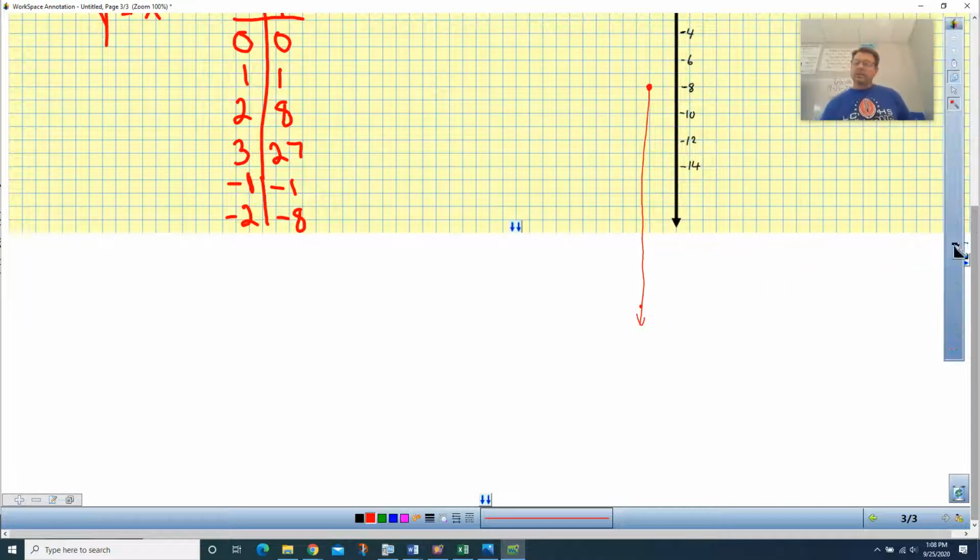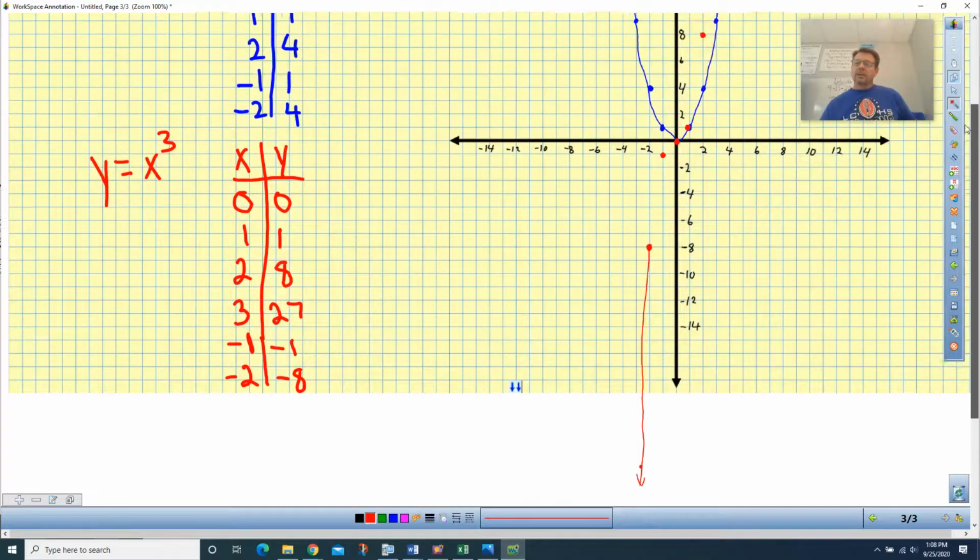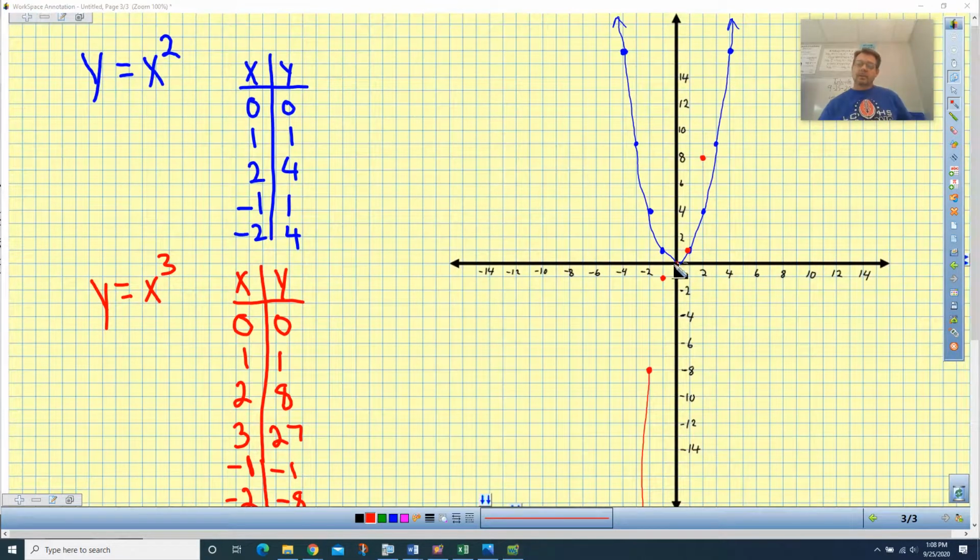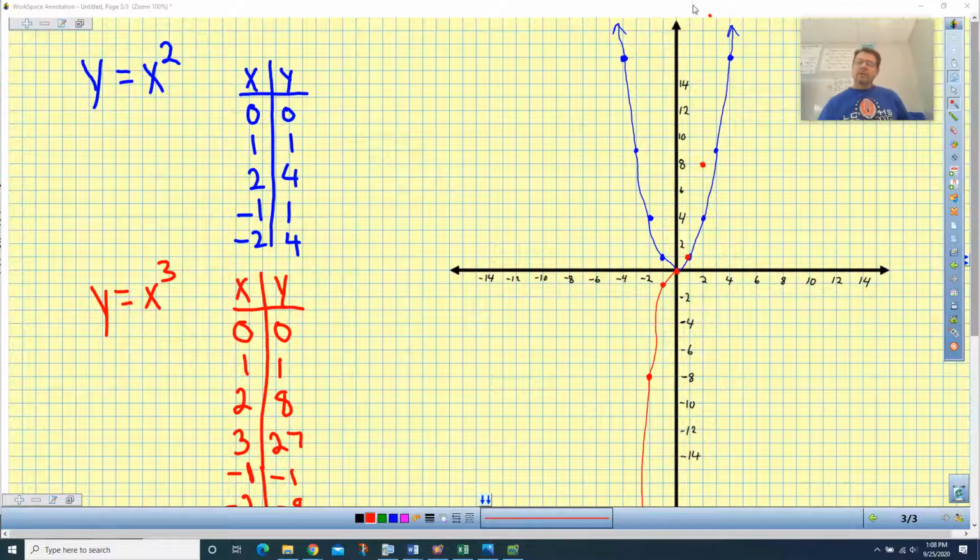Somewhere along that line. Just plain connect the dots. Go up, there it is. Not the most beautiful, but we're giving it our best shot.